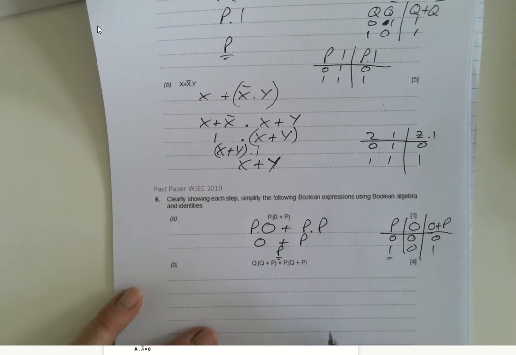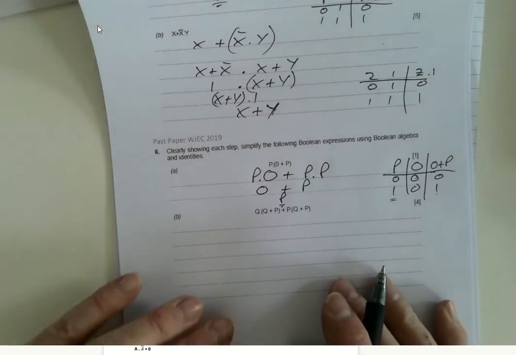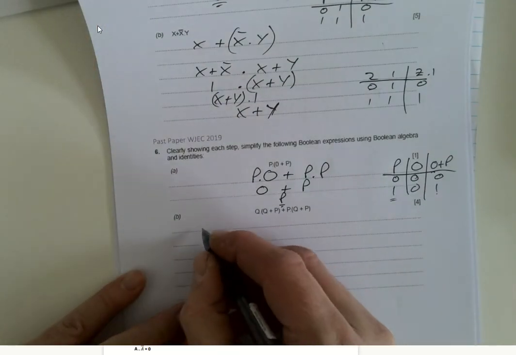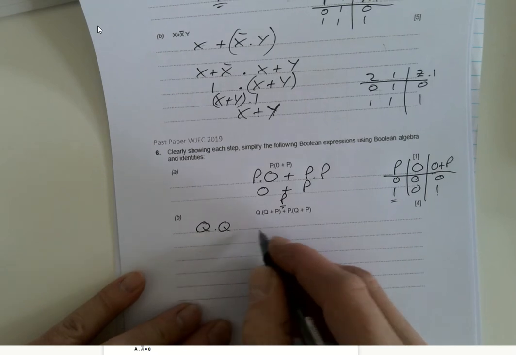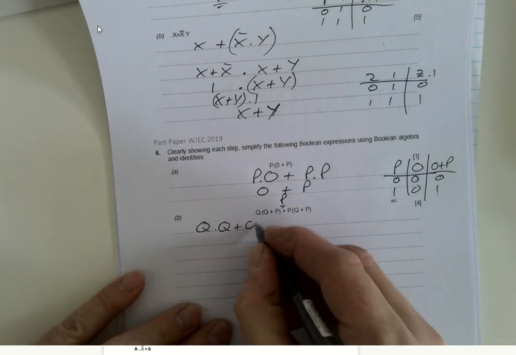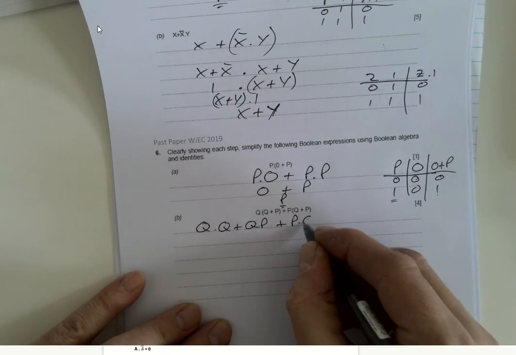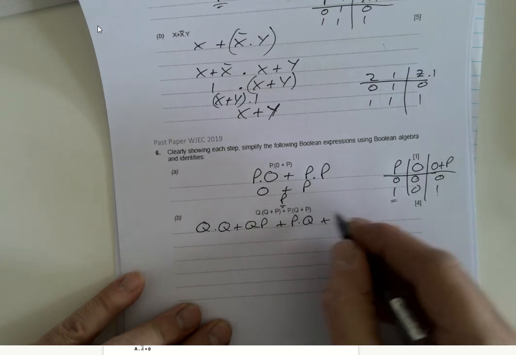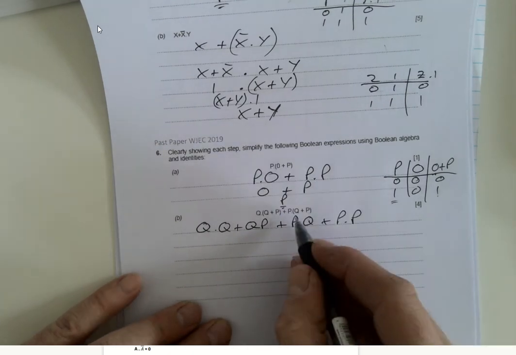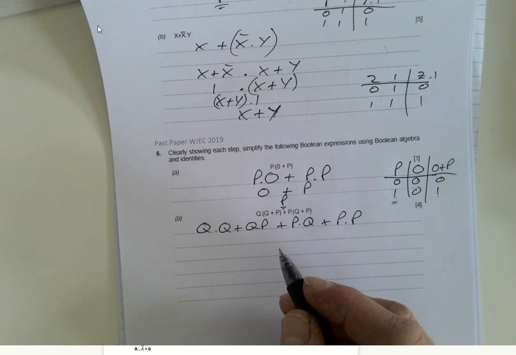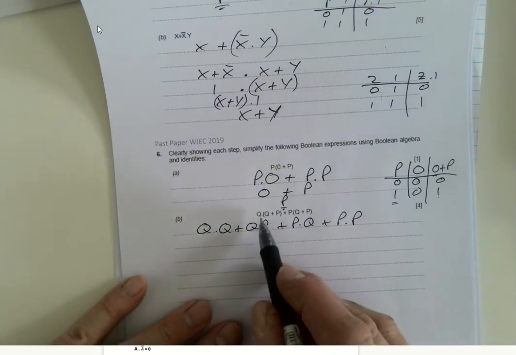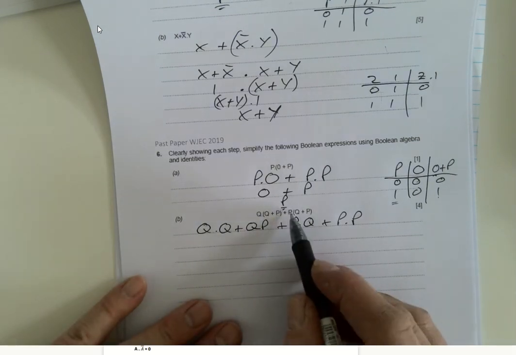So there's your response for that one. There's your answer. Now, much longer one here. Multiply the brackets. Q and Q, or QP, or PQ, or PP. It's like in maths when you multiply brackets you end up with several terms: Q and Q, QP, PQ.